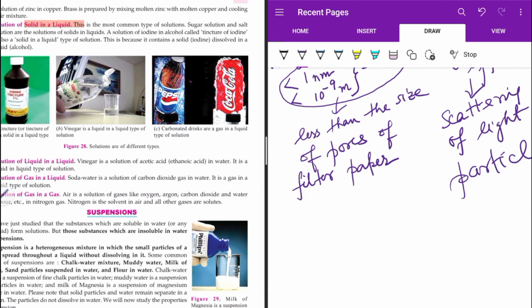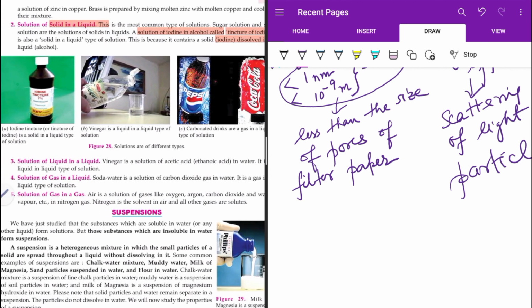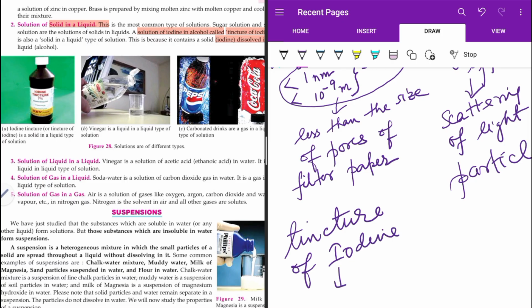Now a solution of iodine in alcohol is known as tincture of iodine. You may be asked what is tincture of iodine. Tincture of iodine is a solution of iodine in alcohol. Iodine is I2.